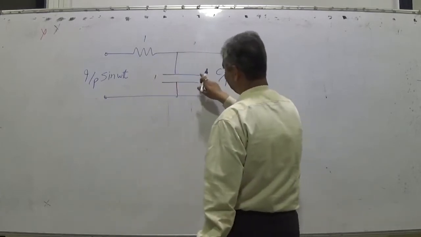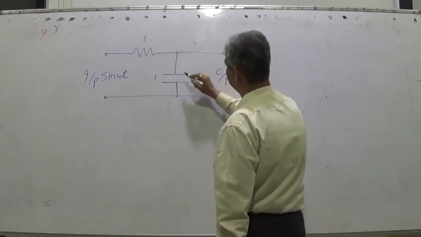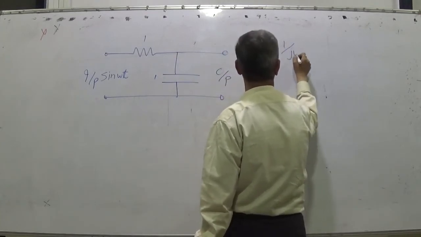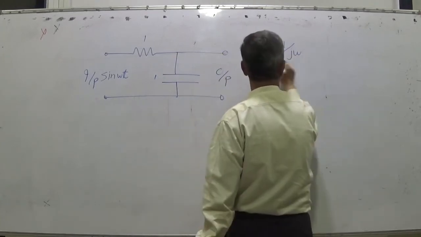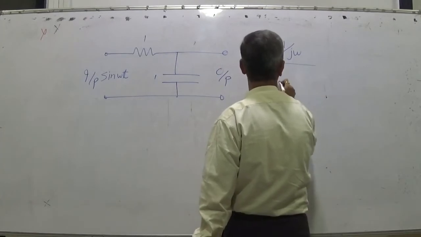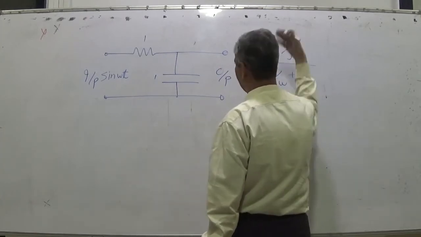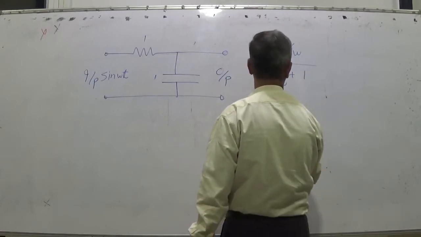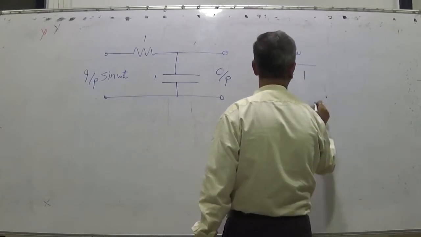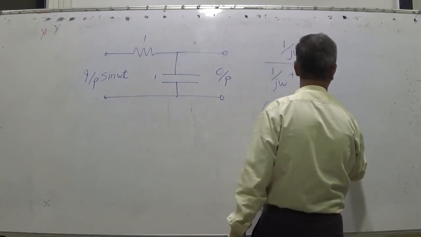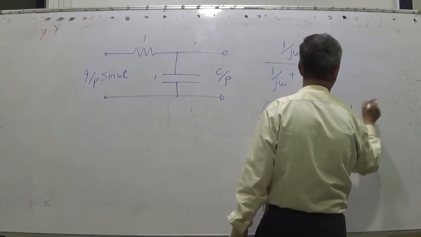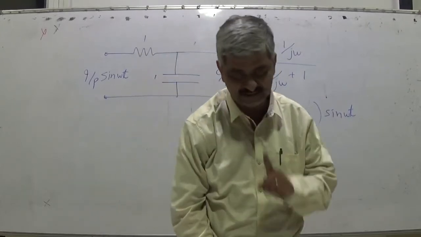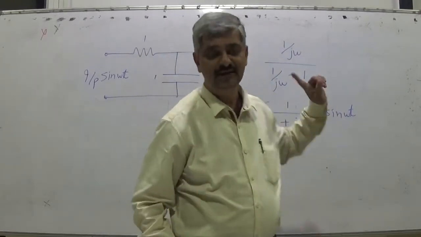So the output is 1 upon j omega C, which is 1 upon (1 upon j omega) plus 1. Multiplying numerator and denominator by j omega, it is 1 upon 1 plus j omega, times sine omega t.